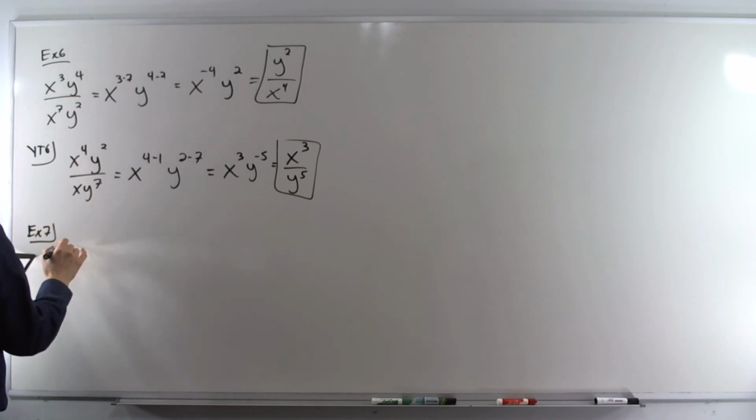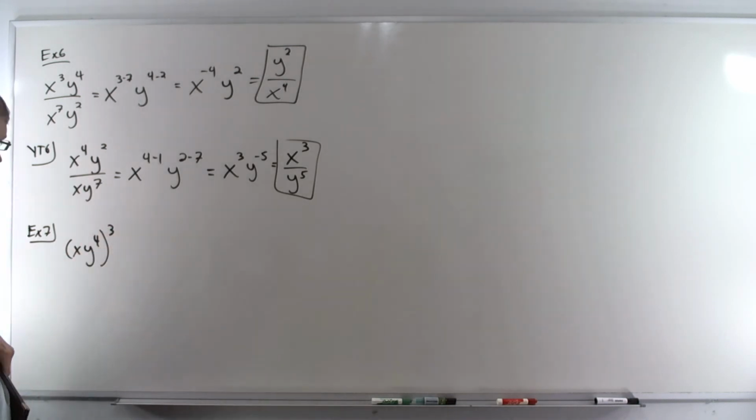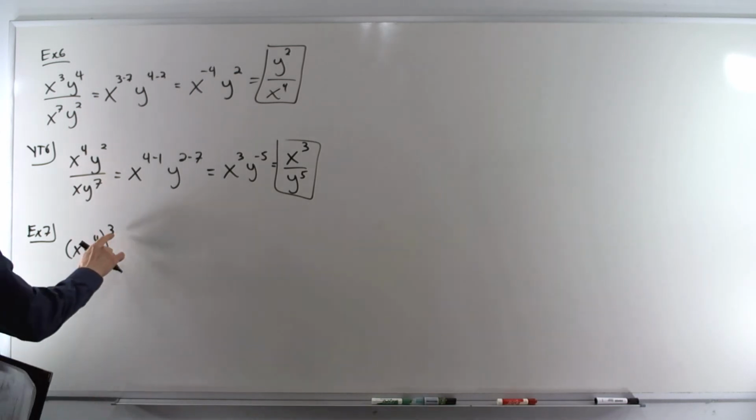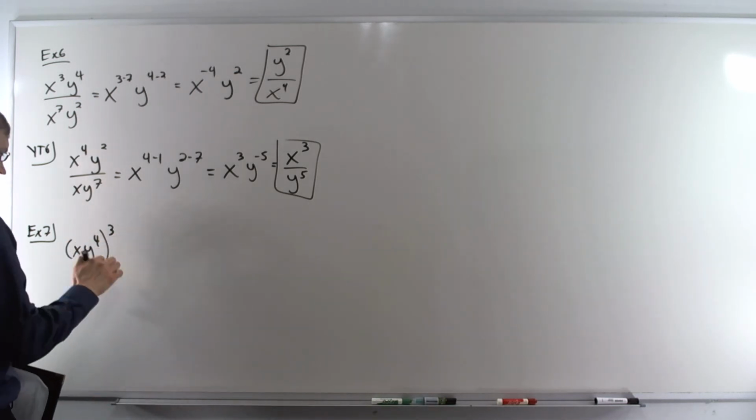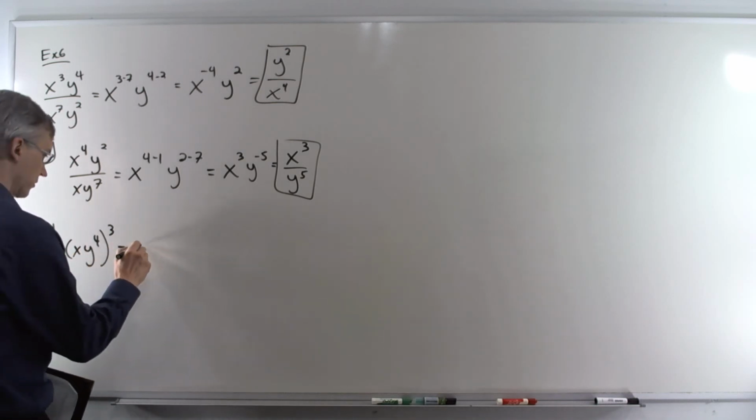Example 7. X, y to the 4th, all to the 3rd power. So we're going to use power rule A, apply this exponent to everything inside the parentheses. So the x and the y to the 4th.